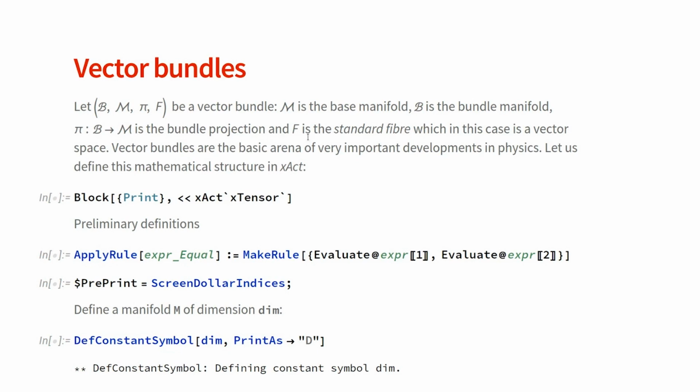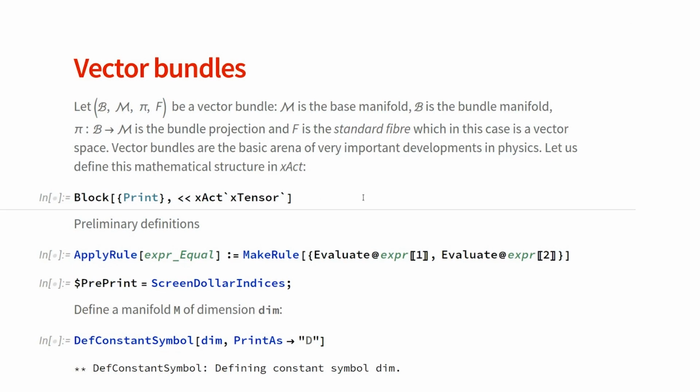Then we have the so-called standard fiber, which in this case, since we are dealing with a vector bundle, is a vector space. As those of you who have worked with vector bundles know, this basically means that we have a manifold that is split into disjoint sets that are the fibers, and these fibers are vector spaces.